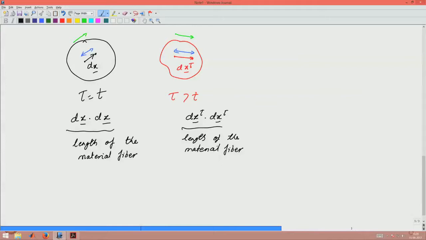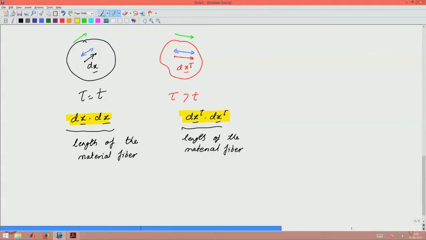So, what we will find is that strain measures are defined using quantities which are of this kind. And so, in today's class we will not really define these quantities, but for now the idea for us to understand is the fact that both orientation as well as magnitude of these material fibers have to be compared with respect to each other before we can actually define the strain measure.